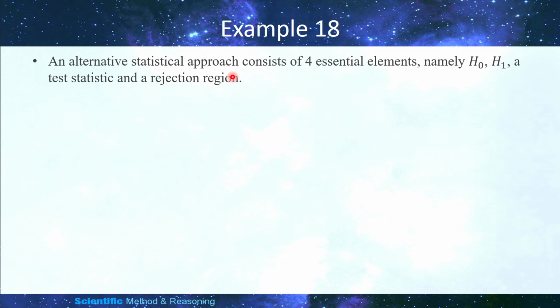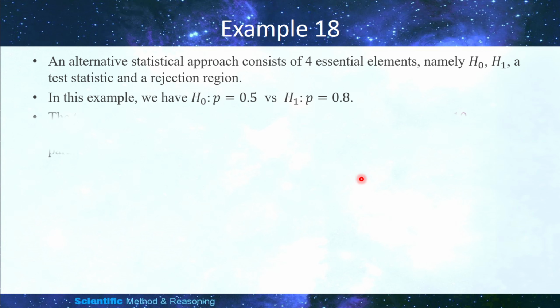An alternative statistical approach consists of 4 essential elements, namely the null hypothesis, alternative hypothesis, a test statistic, and a rejection region. In this example, we have the null hypothesis p equals 0.5 against the alternative p equals 0.8.